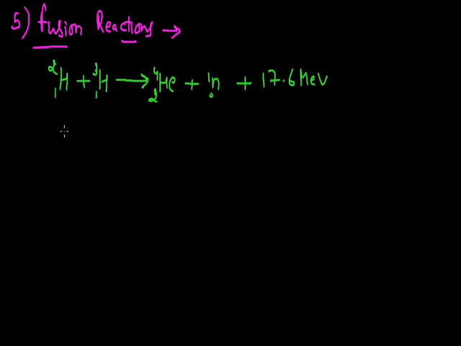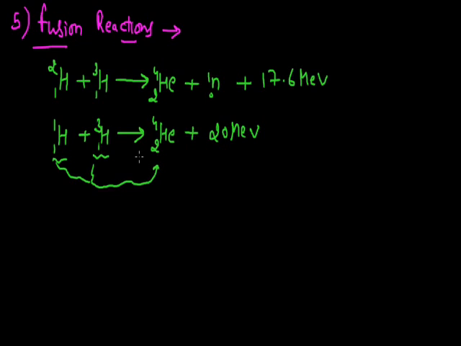Same as if I talk about the reaction of proton H-1 with another isotope of hydrogen, that is tritium, then as the reaction occurs, the formation of the nuclei of helium results, and approximately 20 mega electron volt energy is released. So here we can see that two smaller nuclei, the number may be more than 2, combine to give a nuclei with a higher atomic mass, and this kind of reaction is termed as nuclear fusion reaction.